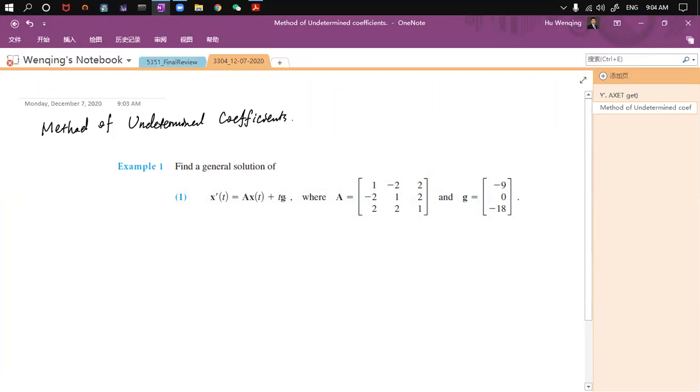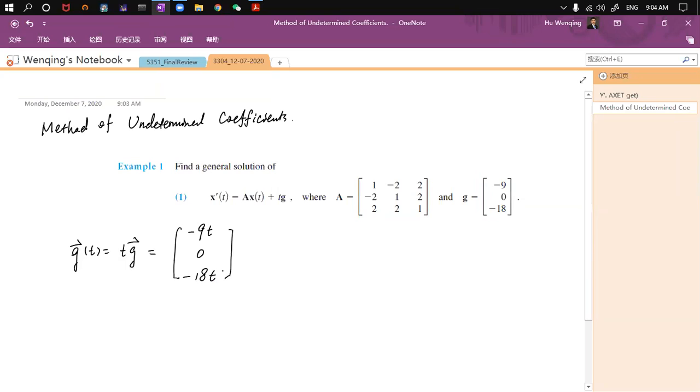This is the right-hand side. Basically the vector g of t is written as t multiplied by g, where g is a fixed vector: -9 times t, 0, and -18 times t. So that's t multiplied by g.